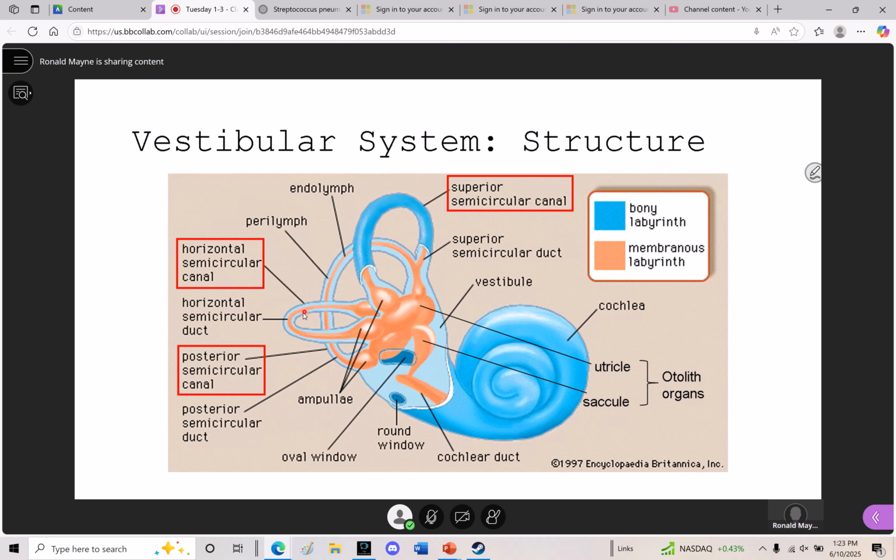The horizontal semicircular canal lies in the horizon, flat like that. It's also called the lateral semicircular canal. And then you've got the posterior semicircular canal.